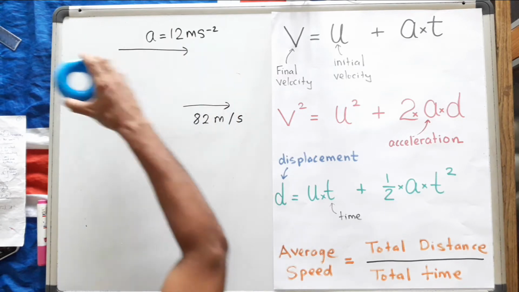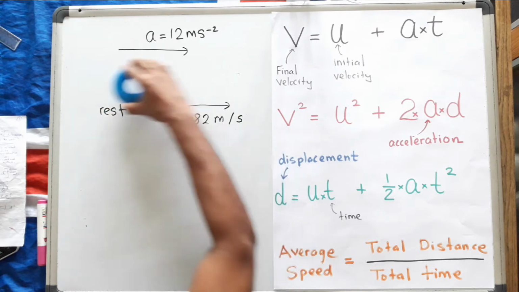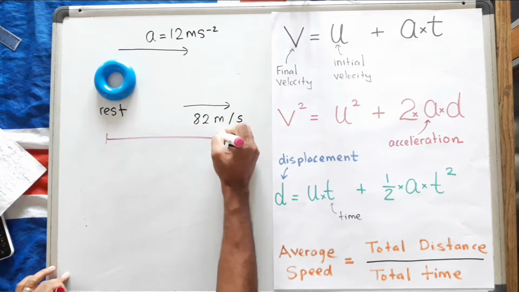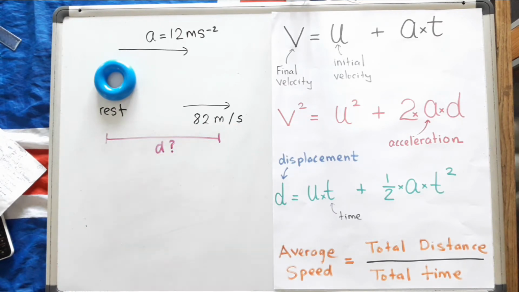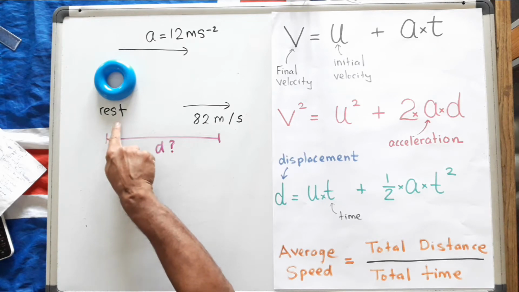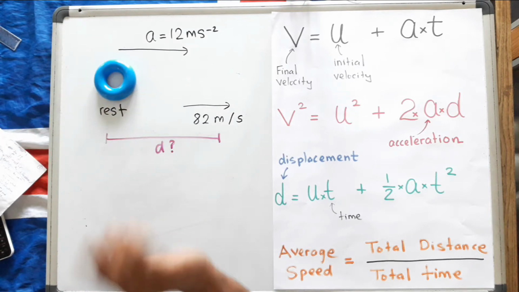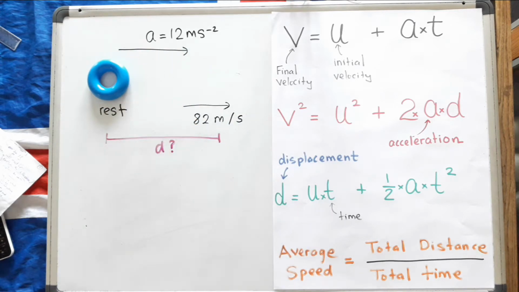Obviously, if the wave hits it and makes it move, it must move a certain distance. So we are going to try to find the distance. How far will this move, provided that it starts from rest? A wave makes it accelerate to a velocity of 82 meters per second. What would be the distance? Well, let's put in some values here.